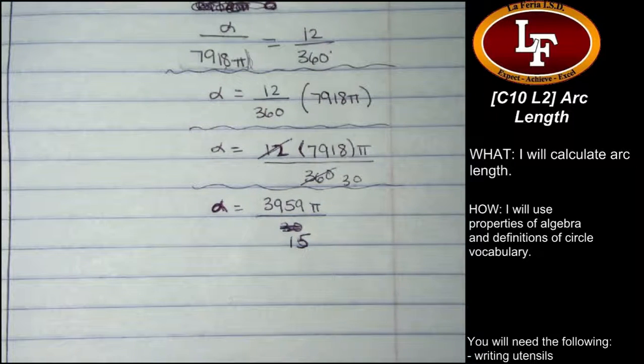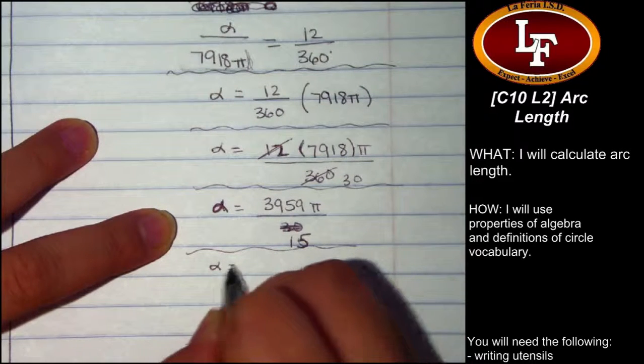if I had to walk along the surface of the Earth a 12-degree arc measure. But if I were trying to actually figure out how far I would have to walk, I can't say, hi, I'm going to walk 3,959 pi. That's not how we talk. So we're going to go ahead and simplify this out. I'm going to take that 3,959. I'm going to multiply it by some approximate value for pi.